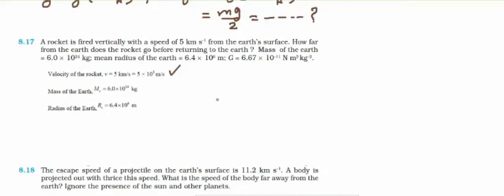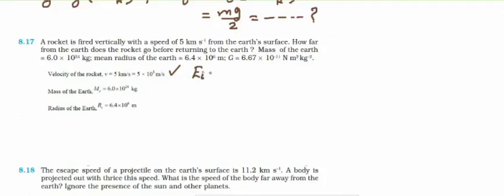From the Earth's surface, how far from the Earth does the rocket go before returning to Earth? The data is given: mass of Earth, radius of Earth, etc. So here, the rocket is fired from the Earth's surface. So what are the energies possessed by the rocket?